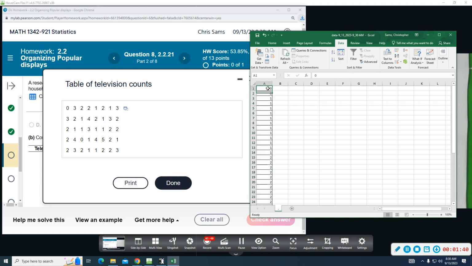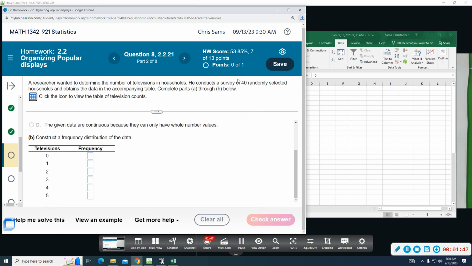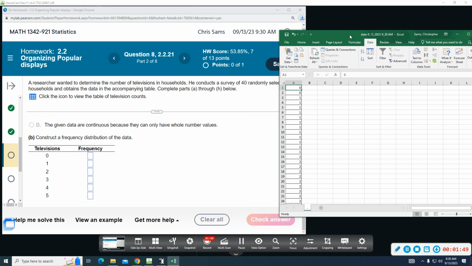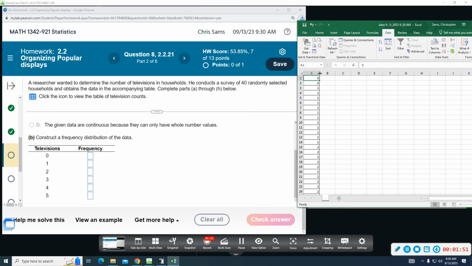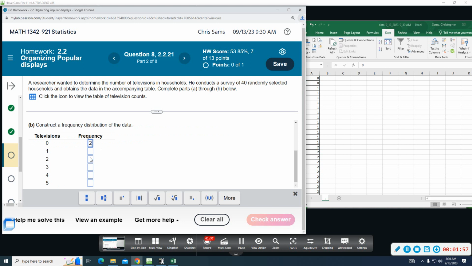And so here, every number is now grouped with the number of repetitions. So I can count the frequency now. So the frequency for the number of households that have 0 televisions, 1, 2. There's 2 zeros. Come here and put a 2. All right, so now I'm going to go back and I'm going to count all the ones.